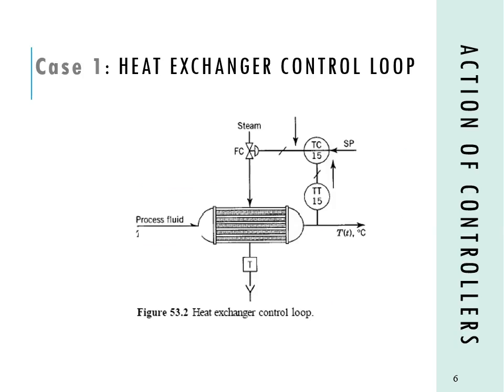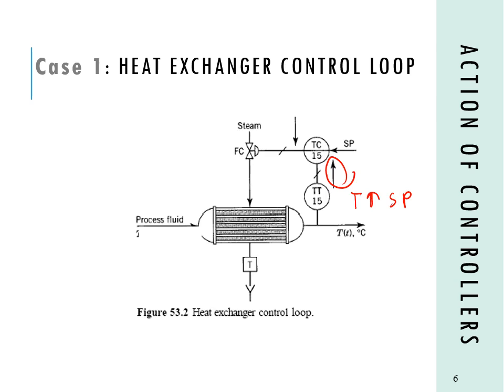The action of the controllers is best described in this case, for example, the heat exchanger controller. The signal from the temperature transmitter is increased, indicating that the outlet temperature has increased above the set point.